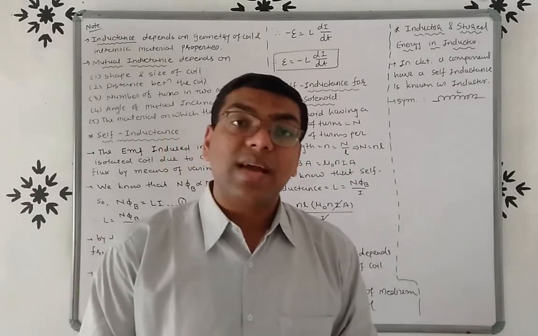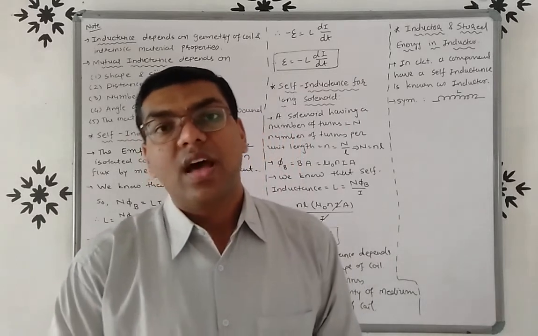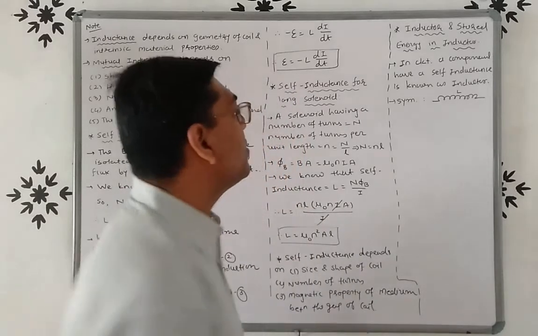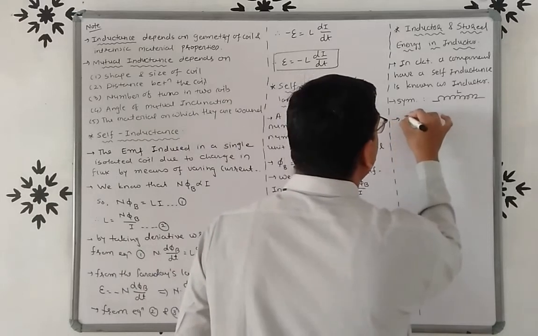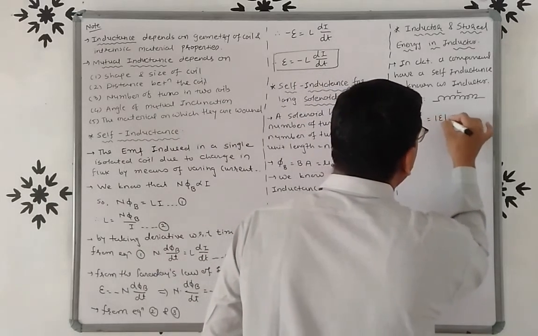So to establish the current, we have to apply some work, right? How much? The work with time, dW by dt, is equal to E I.